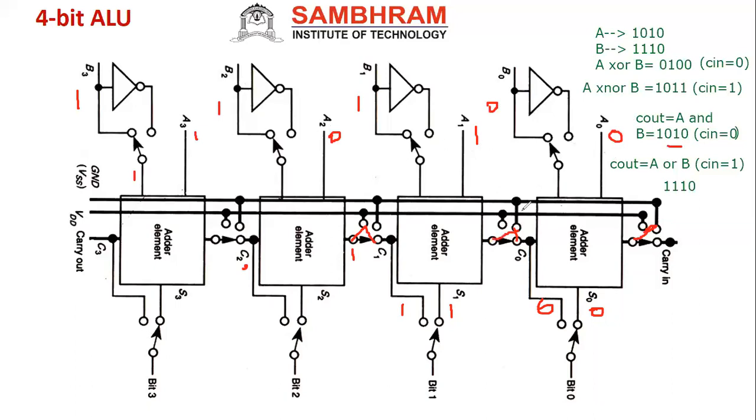Next 0, 1, 1, 0. 1, 1, 0 means sum is 0, right? Sum is equal to 0. Carry is equal to 1. So it is ready. Now 1, 0, 1: sum is equal to 0, carry is equal to 1. So carry is 1 means it will be connected like this. Next, here carry is 1 in the sense all are 1, then I'll get as 1.